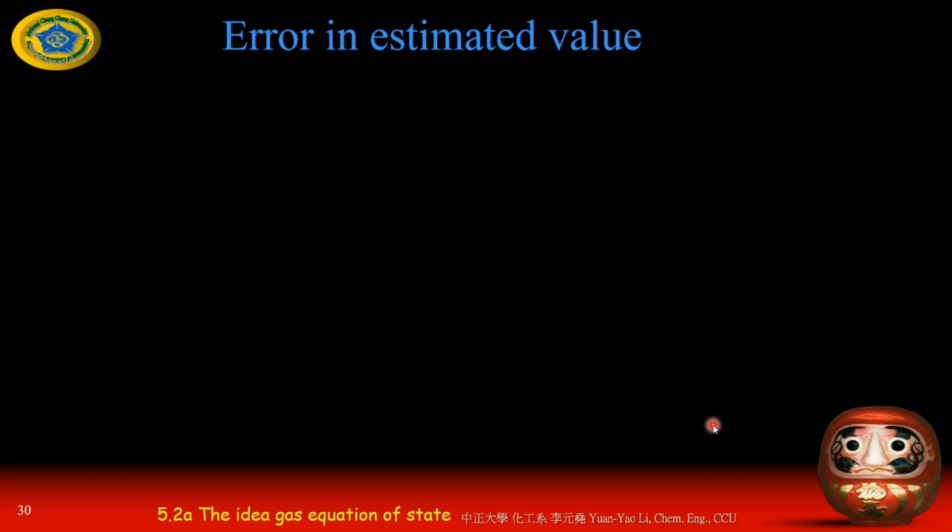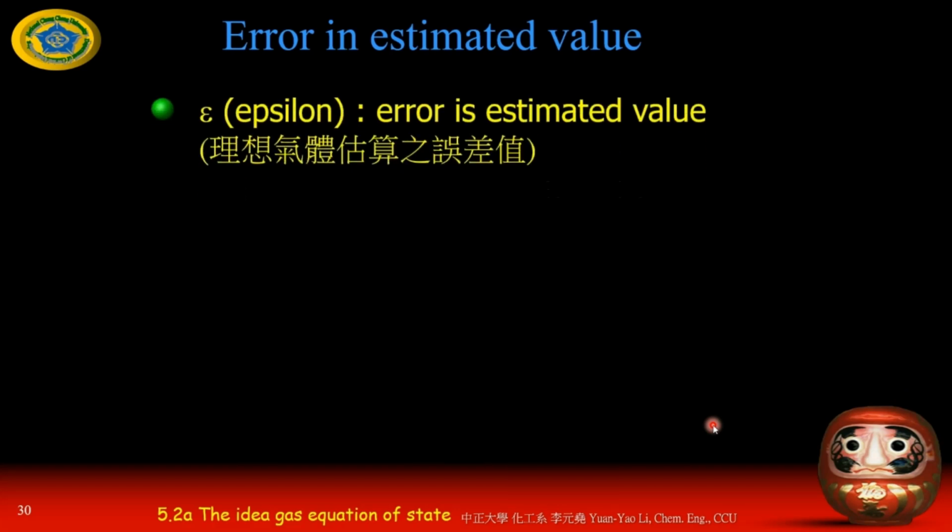You want to know how far this condition is away from the ideal gas. This is what we call the error in the estimated value, and that's what you want to know.